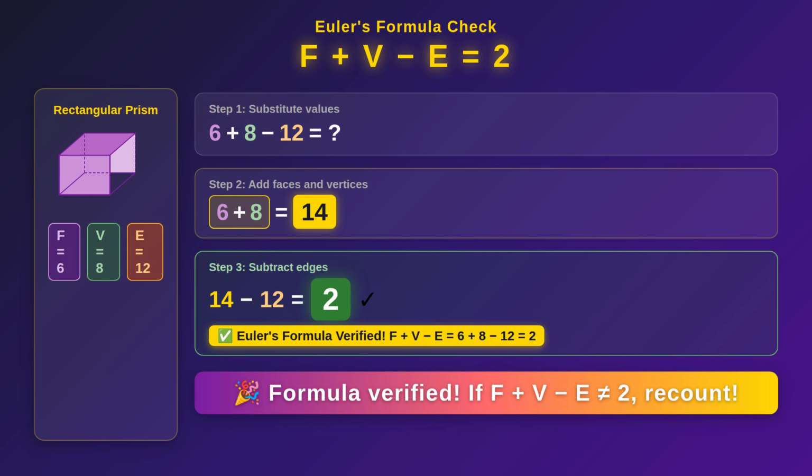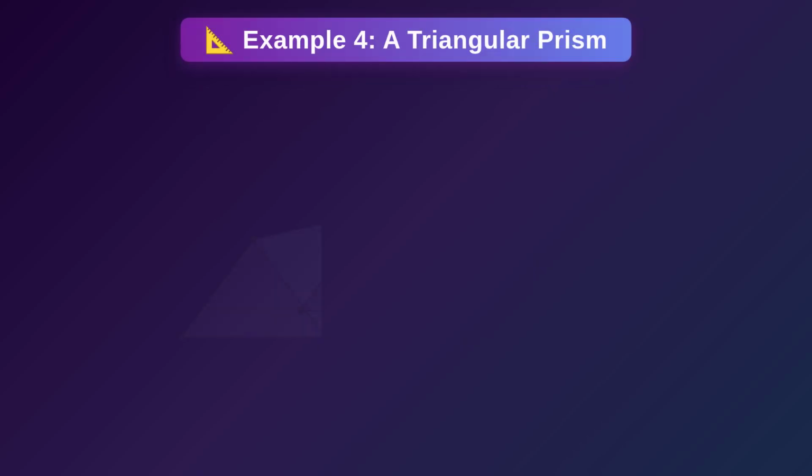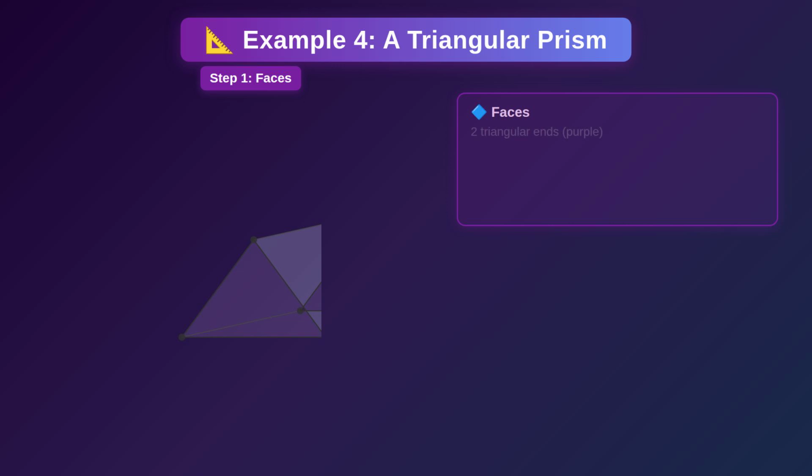First, let's add 6 plus 8, which equals 14. Then subtract 12 from 14, and 14 minus 12 equals 2. Yes, the formula works perfectly. Now Maya has a built-in way to check her answers every single time. If F plus V minus E doesn't equal 2, she knows to recount. That's the power of Euler's formula.